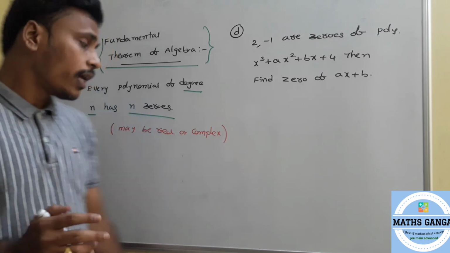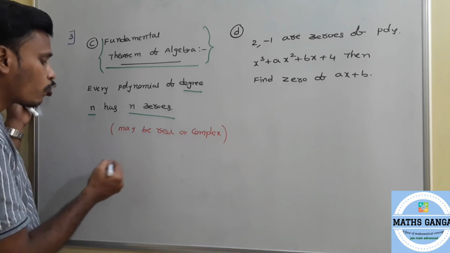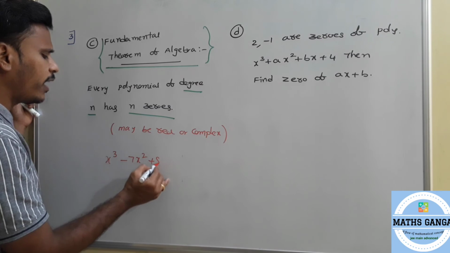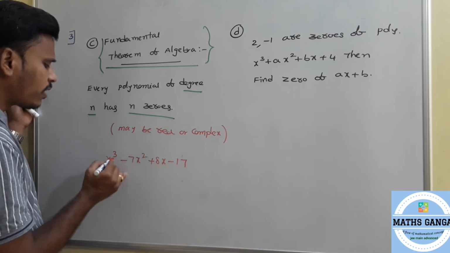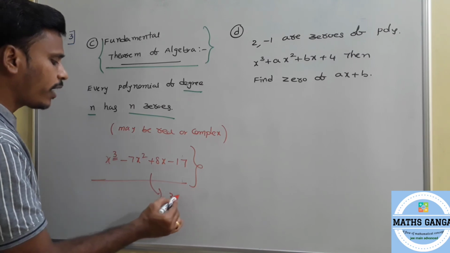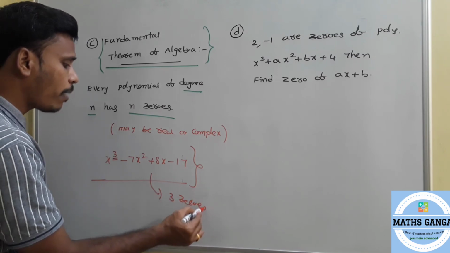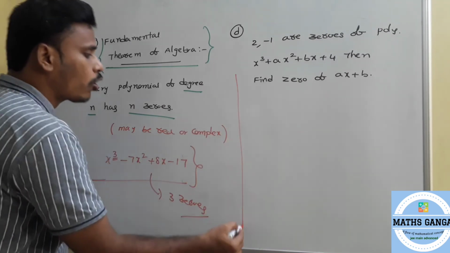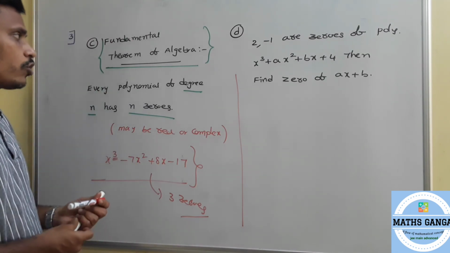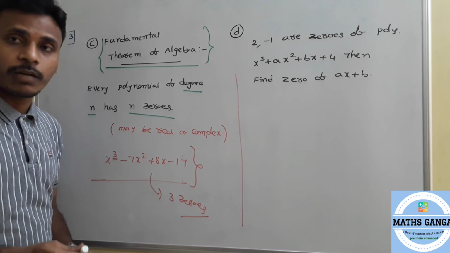In the same way, suppose I have a cubic polynomial, anything, x cube minus 7x square plus 8x minus 17. Here the degree is 3, right? Since the degree is 3, for sure it has 3 zeros. They may be real or they may be complex. That's another discussion. But for sure it has 3 zeros. This is the statement of the fundamental theorem of algebra.